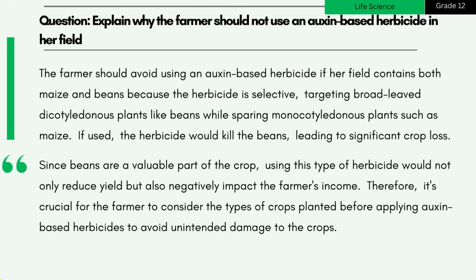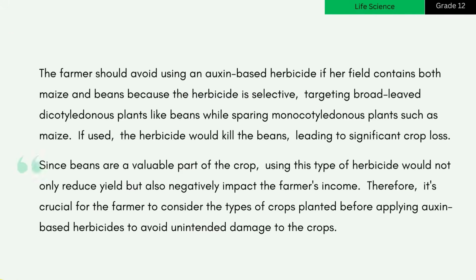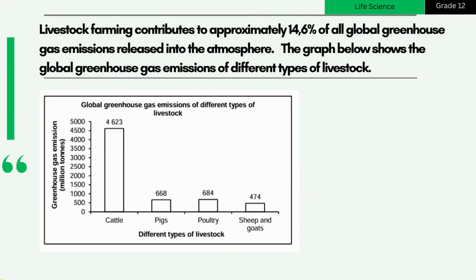Since beans are a valuable part of the crop, using this type of herbicide would not only reduce yield, but also negatively impact the farmer's income. Therefore, it's crucial for the farmer to consider the types of crops planted before applying auxin-based herbicides to avoid unintended damage to the crops.